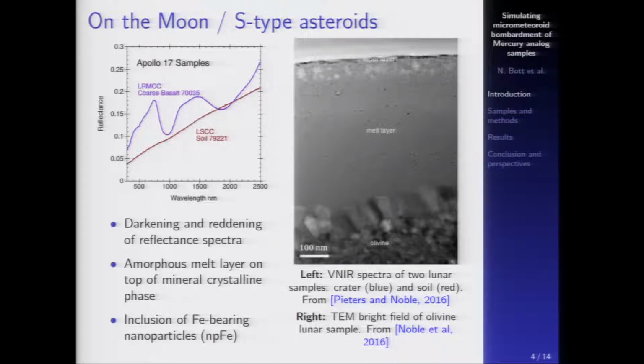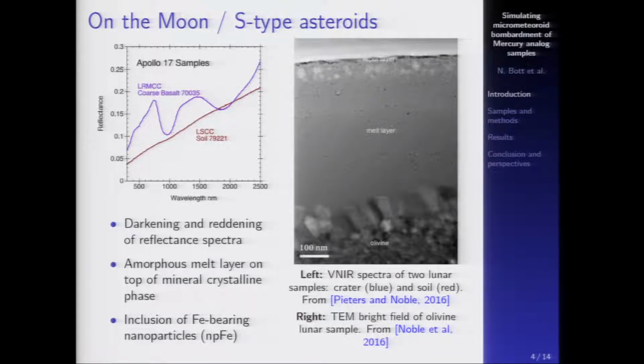I hope I will convince you that there is a reddening, meaning that the spectral slope is increasing from the fresher material to the older material. We also see very well that the depth of the absorption bands is decreasing pretty dramatically. So these are the first effects of space weathering, which are the spectral effects.